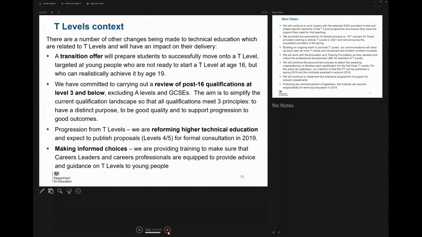And so we're working with our 2020 and in future 2021 providers to think about what success looks like in terms of supporting young people to make a successful start on a stretching level 3 programme.